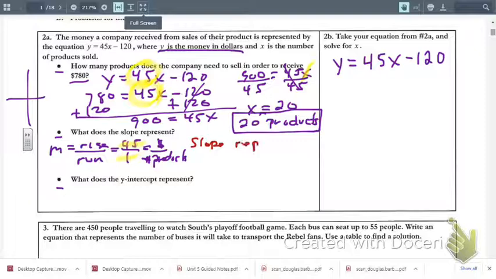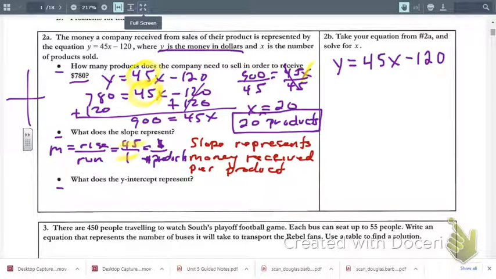Slope represents money received per product.